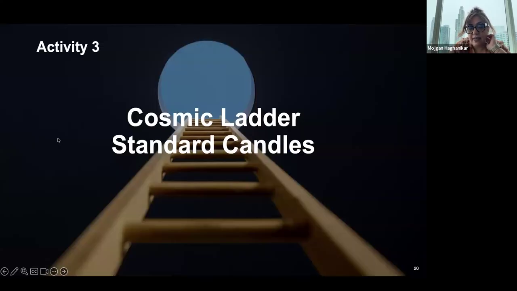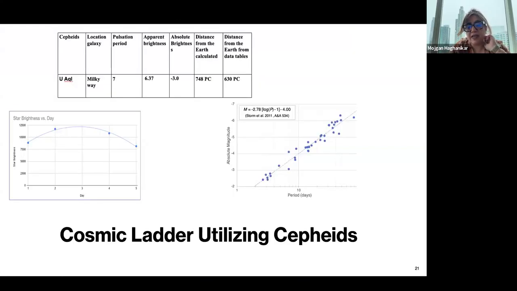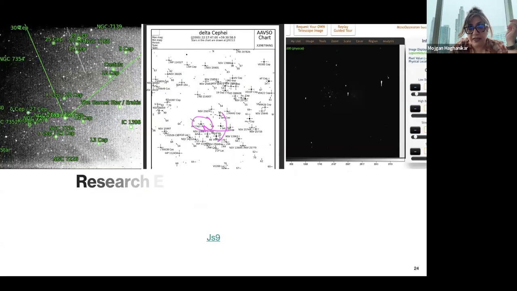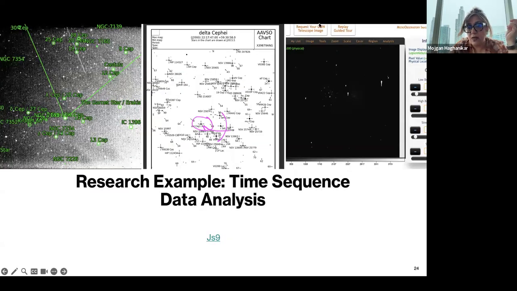They collected images from MicroObservatory, ordered for 30 days, and for the 30 days they put them in JS9. One of you asked about the version of JS9. This is the more advanced version of JS9 where you can upload the pictures.